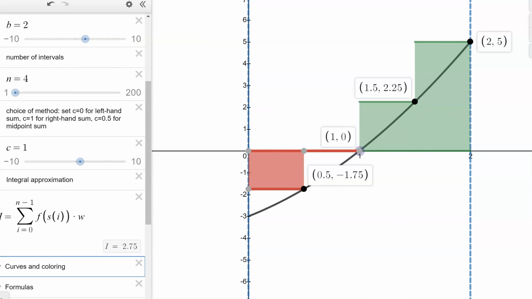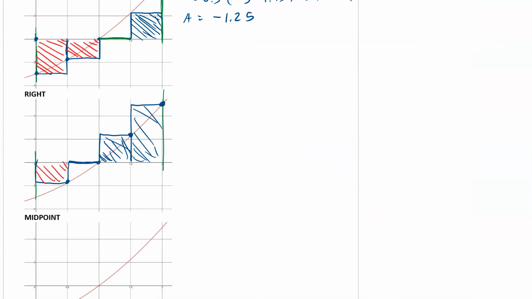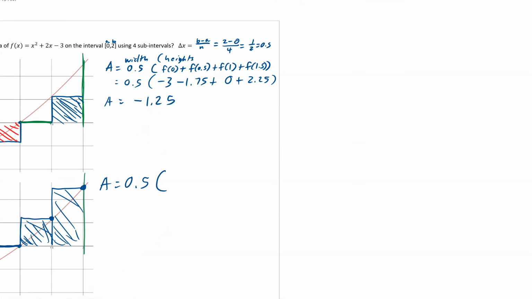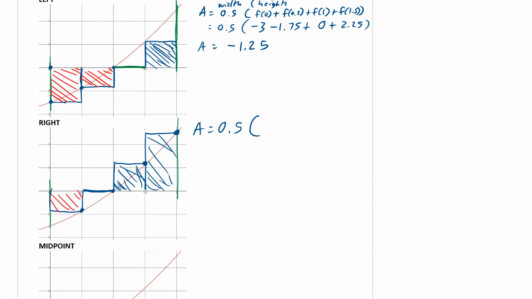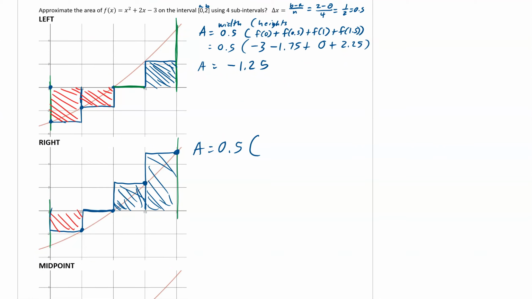So again, all the points we're going to plug in, even if you don't have a picture, are just those values. So we're going to go a equals 0.5. And then our first point would be the 2, because that's where our subinterval starts. So this would be f of 2. And then we just work our way down by subtracting that value.